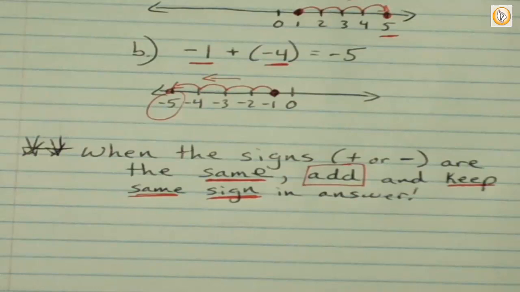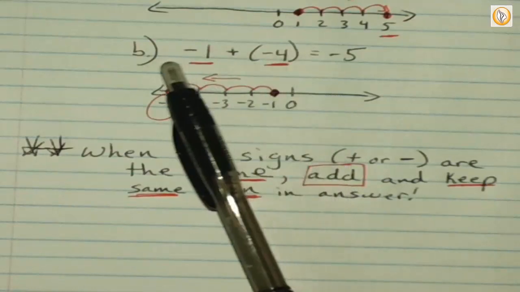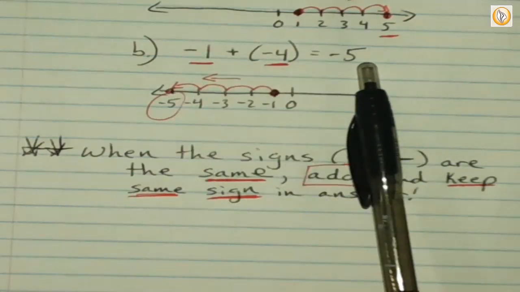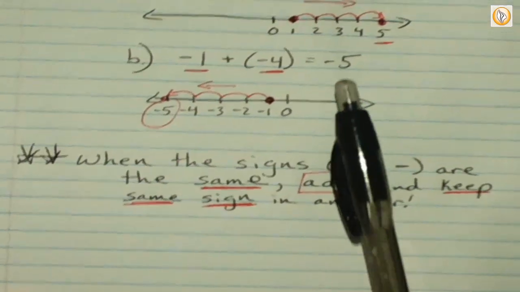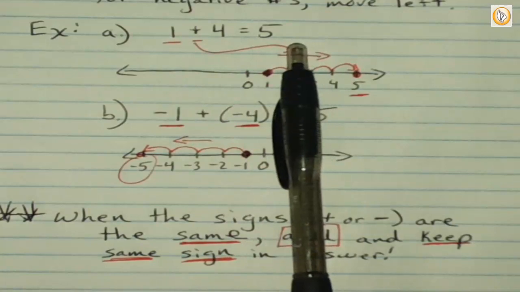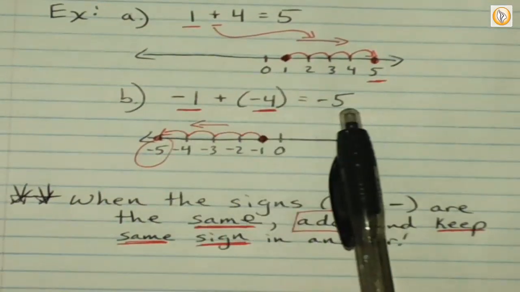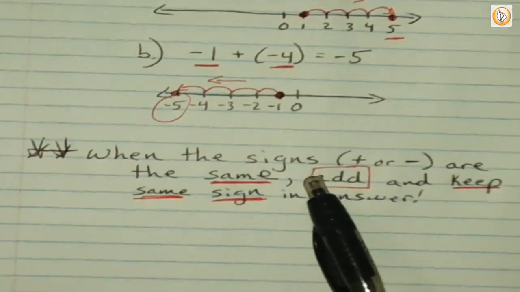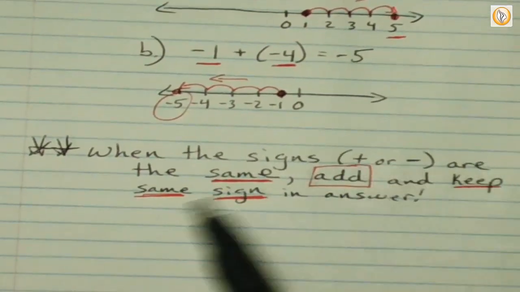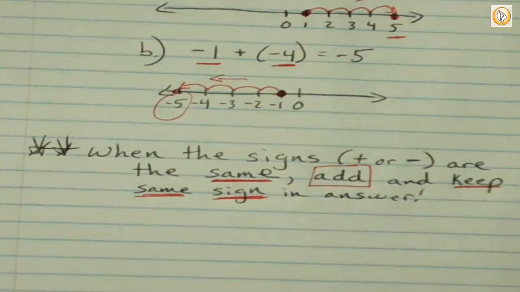When the signs, either positive or negative, are the same. Like right here, they're both negative. They're the same. So the answer is going to keep the sign. Both of these were positive, right? So the answer is going to be positive. If they're all negative, the answer is going to be negative. So when the signs, either positive or negative, are the same, you add and keep the sign in the answer.